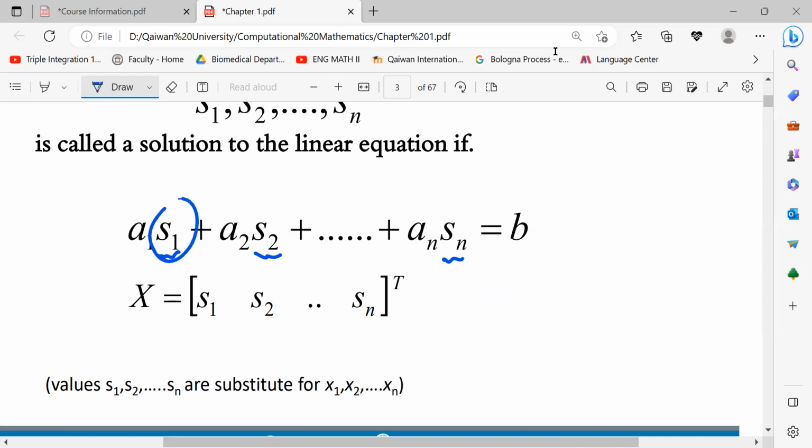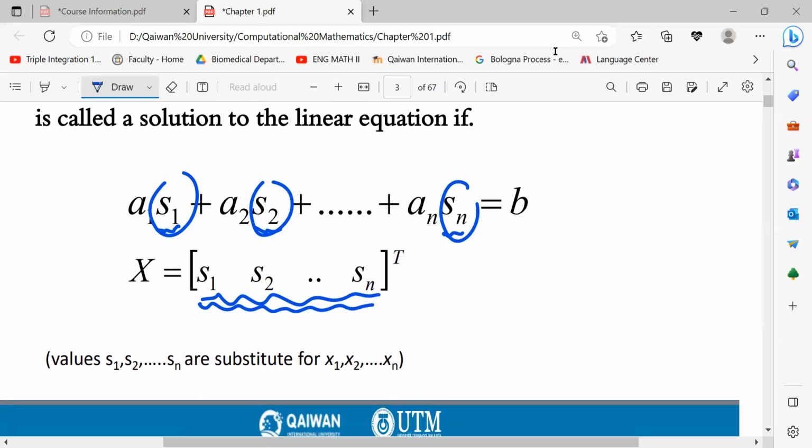If we replace each variable by a value and get the same as the right-hand side, so we say s1, s2, up to sn, these values that we give to the x variables are the solution for the linear equation.